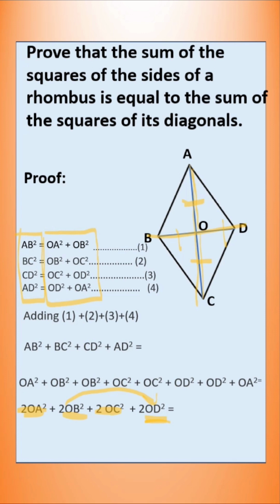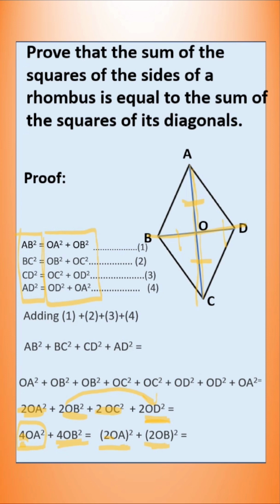Instead of OD we can write OB square. So 4 OB square. 4 OA square can be written as 2 OA the whole square. Root of 4 is 2 and here 4 OB square can be written as 2 OB the whole square.